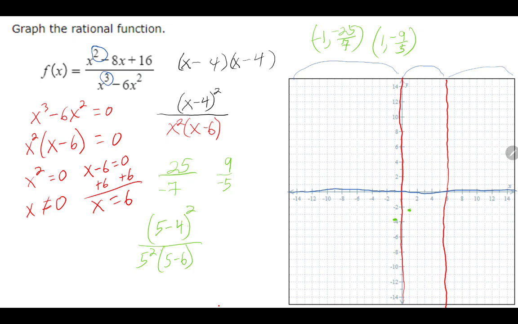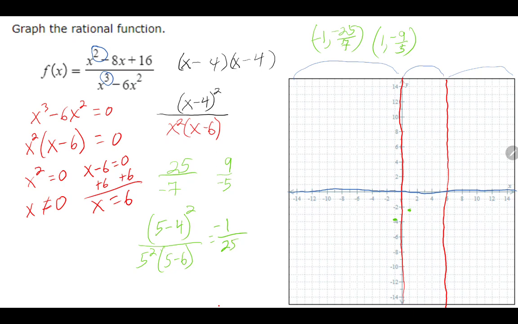So 5 minus 4 is 1, squared is just 1. 5 squared is 25. And 5 minus 6 is minus 1. So this is negative 25.